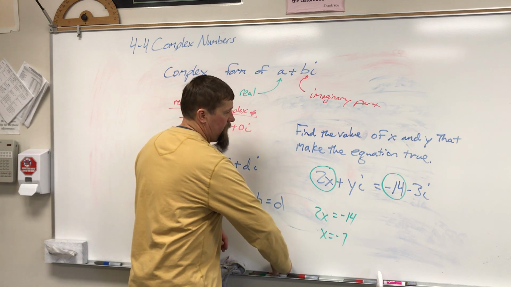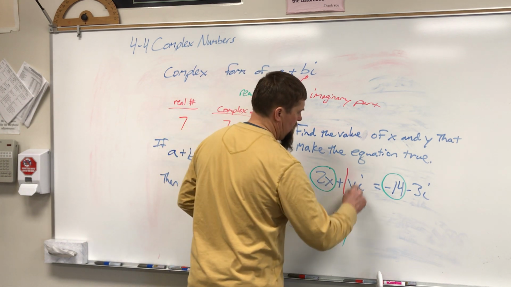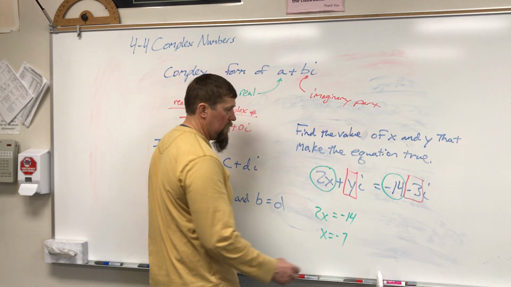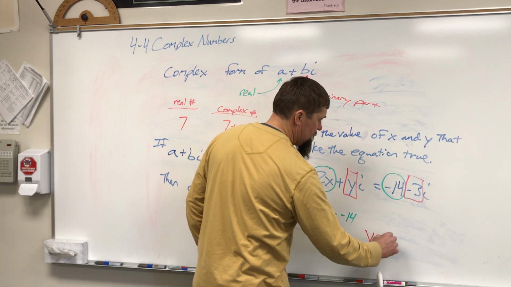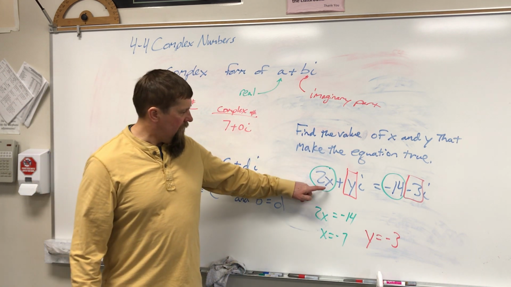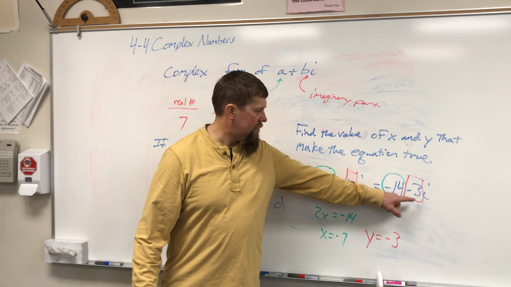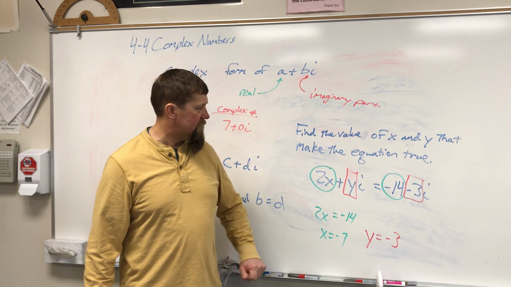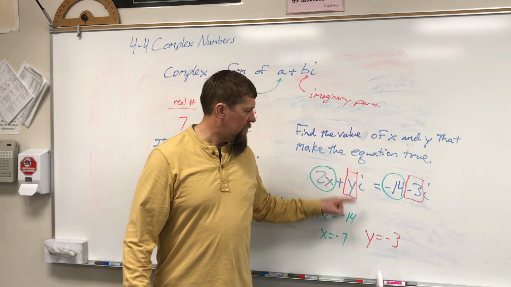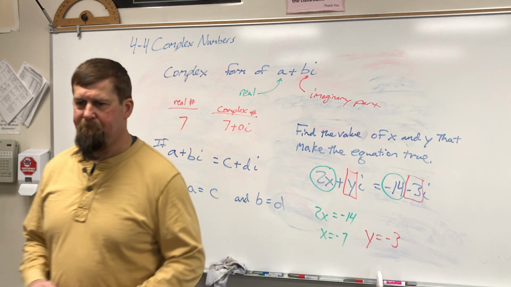The imaginary parts, the b and the d, also have to be equal. So y has to be equal to negative 3. So the value of x that makes this complex number equal to this one is negative 7. The y value that makes this complex number equal has to be negative 3.